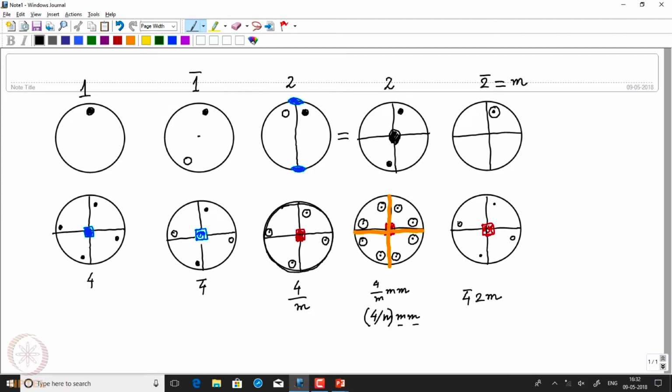Now I have a 2, which means this 2 is either along x or y.